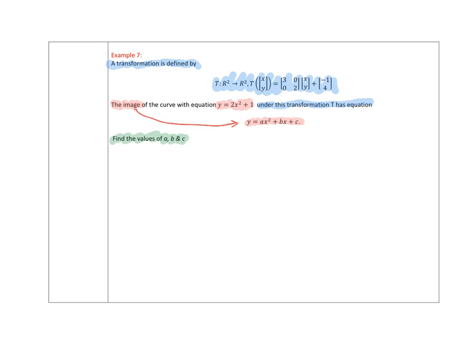Well, let's start with our matrix equation, and as usual we're going to evaluate the matrix. When we do so, we get 3x and 2y. If we're minusing 1 and adding 4, we can say 3x minus 1 and 2y plus 4 is equal to new x and new y.